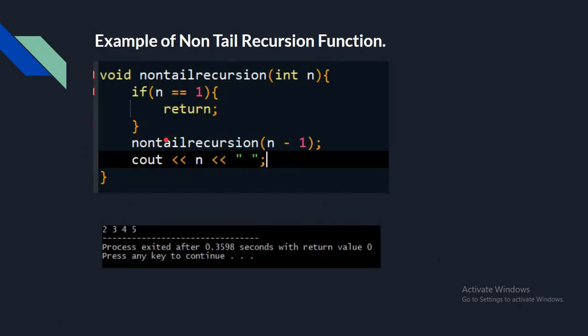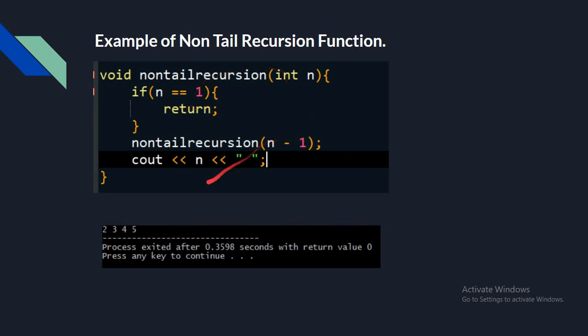Now this is a non-tail recursive function because there is a print statement after the recursive call. So how this function works: we start from n, we call the recursive function with n minus 1. Let's say I have called 5, so 5 will be the parent function, then this function will call 4, then 3, 2, and when it reaches 1 it will return.